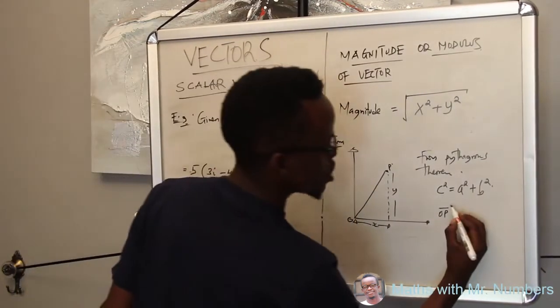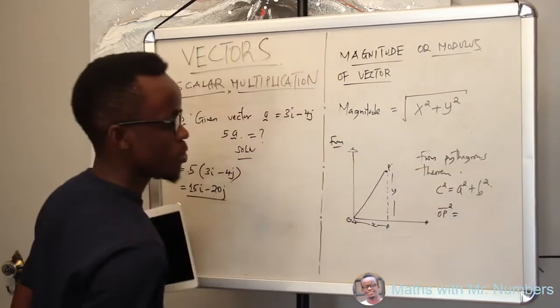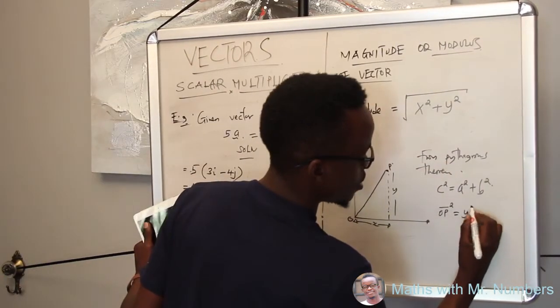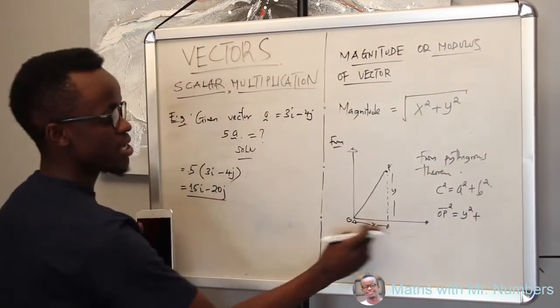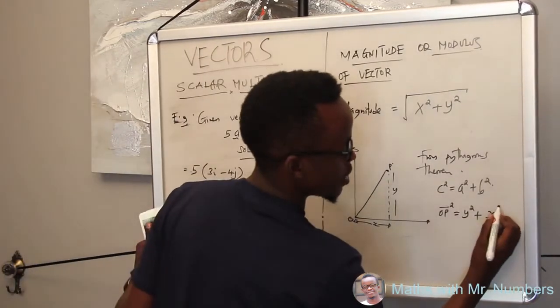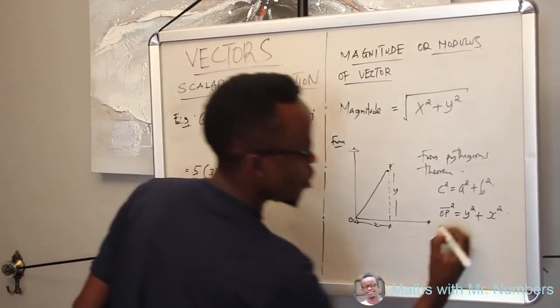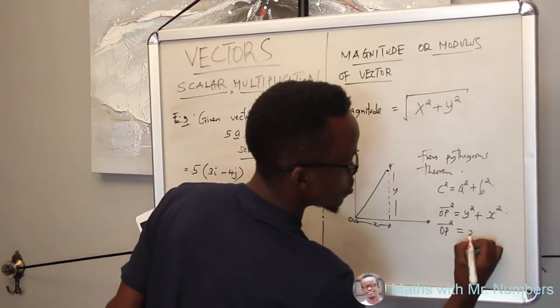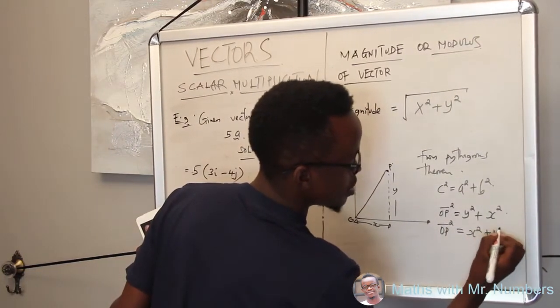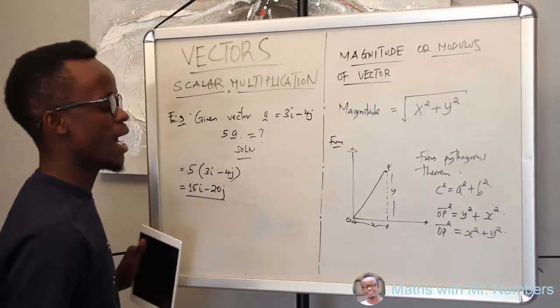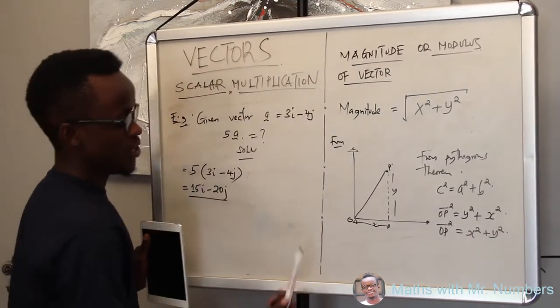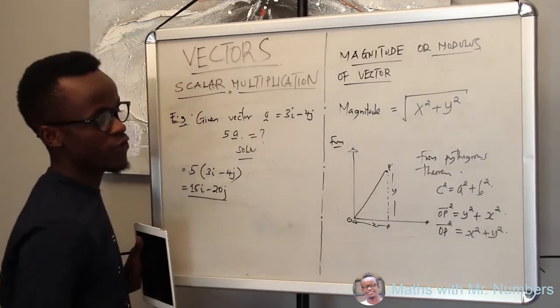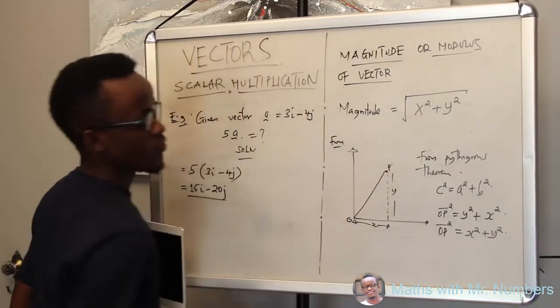Therefore, the distance OP square equals a square, which is y square, plus b square, which is the base, therefore x square. If we arrange it in a good order, we write OP square equals x square plus y square. But this OP is the magnitude of this vector.